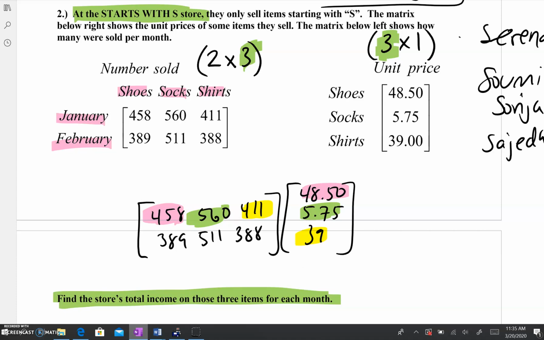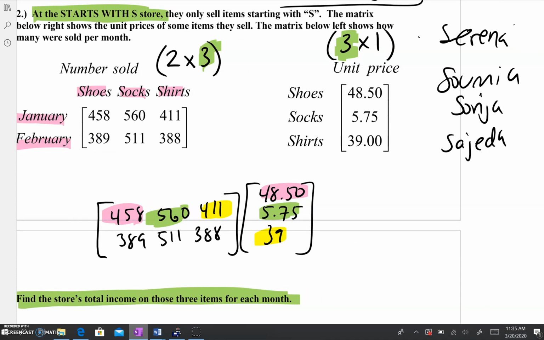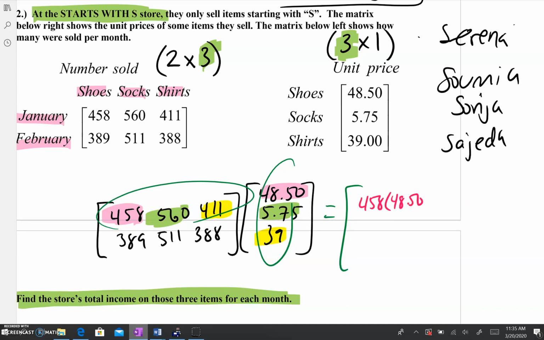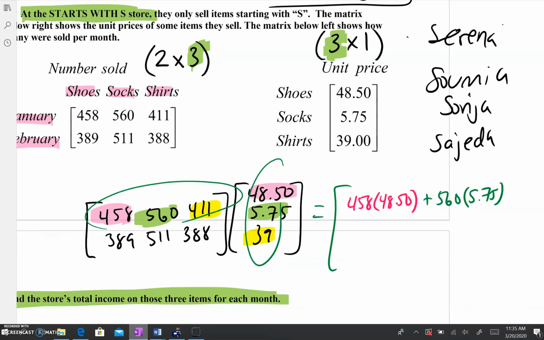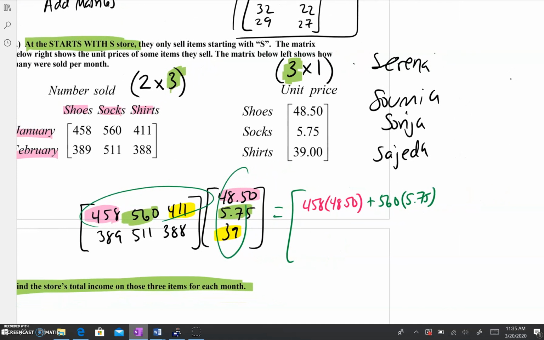So this is a nice example of when you do the matrix multiplication and you do your row 1 times column 1, that's going to represent your pink information: 458 times 4850 plus 560 times 575, and then plus 411 times 39.